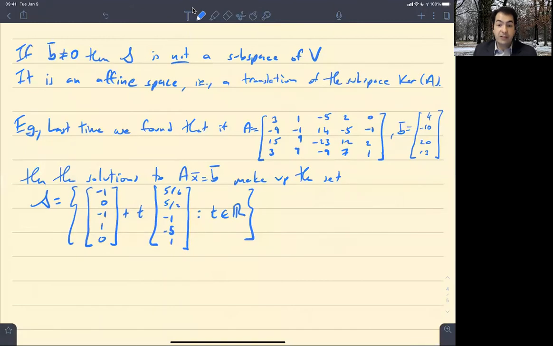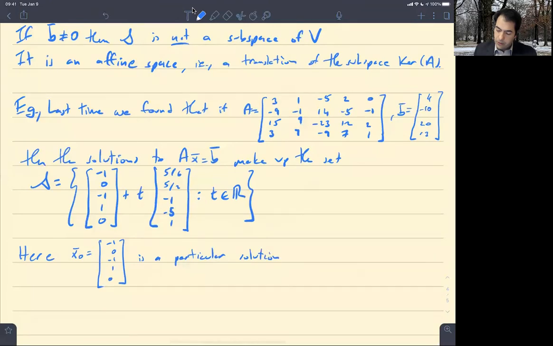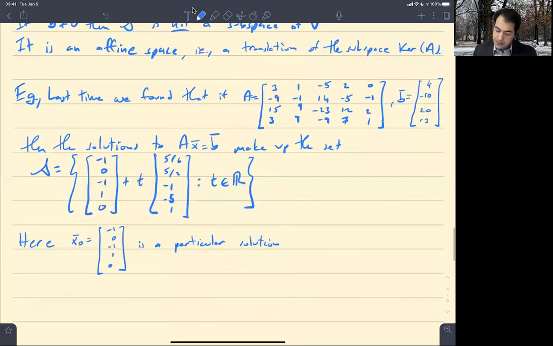All right, so we found that last time using the LU decomposition of A. So now looking at this set S, we see that here x naught, this vector minus 1, 0, minus 1, 1, 0, is a particular solution. Right? It's the particular solution I get by setting t equal to 0. Of course, I get a particular solution by picking any value of t, but in particular, that's one of them.